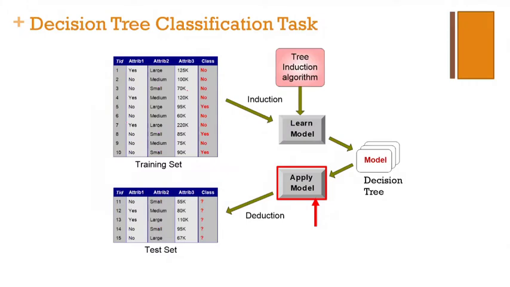Once you build your model through the tree induction that we discussed earlier, this model, through the deduction process, can be used to classify new data sets. Because you have built your model using the training set, whereby you have the input and you know the class, once you train your model, this model can help you classify the ones where you don't know the output.